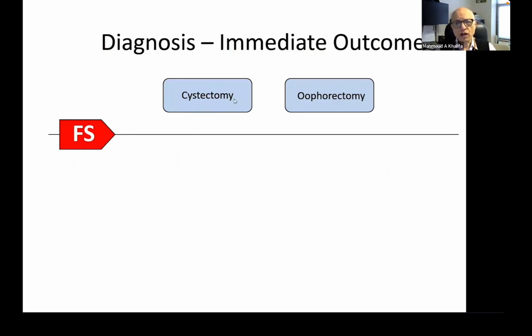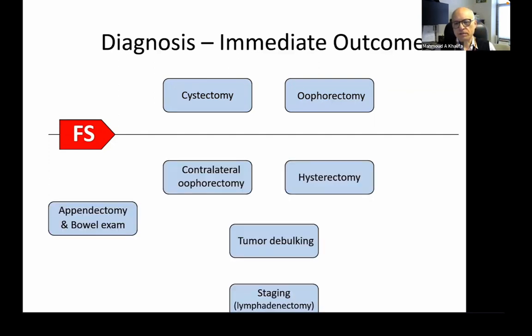When the surgeon starts the surgery, they start by doing either a cystectomy or an oophorectomy. Now they ask you for a frozen section. What are the other options that the surgeon may do? What are the next steps? So here are the next steps.